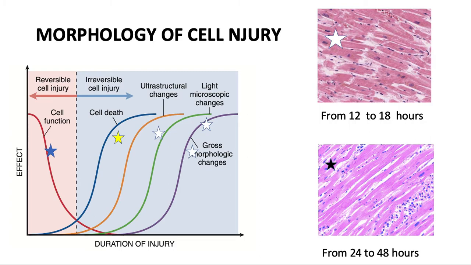Look on your right, and on the top picture you see the white star, and you can see the early phase of acute myocardial infarction, and the cells shown during light microscopy look like normal cells.